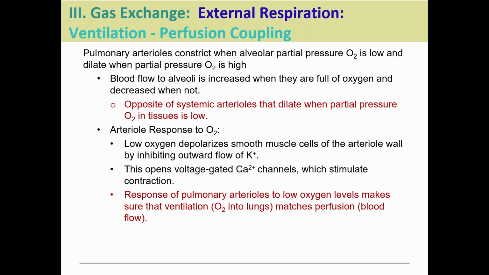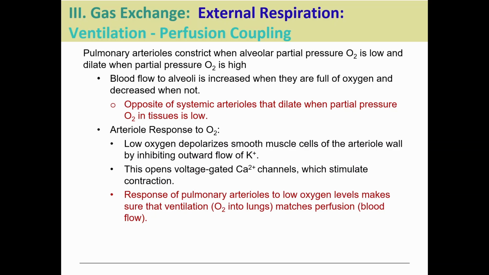Now, something else that's happening is the ventilation-perfusion coupling. Basically, we are going to make sure that the pulmonary arterioles, the blood vessels leading towards these capillaries where we're going to perform this exchange, shunt blood to areas where the partial pressure of oxygen is high. We're going to constrict when the alveolar partial pressure is low, and dilate when the partial pressure of the alveolar space is high.